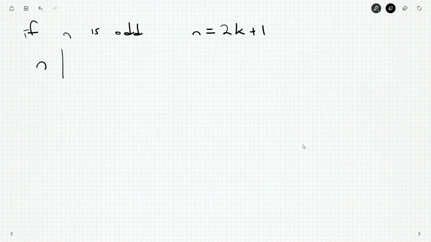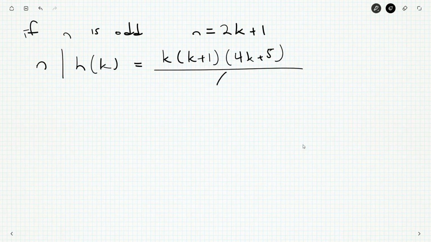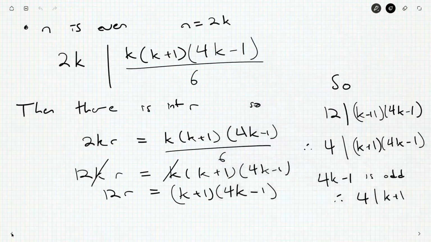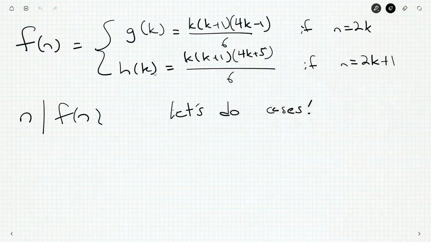So n needs to divide hk, which was k times k plus 1 times 4k plus 5, if I remember correctly. Let's just go back and double check. Okay, so k times k plus 1 times 4k plus 1 over 6.